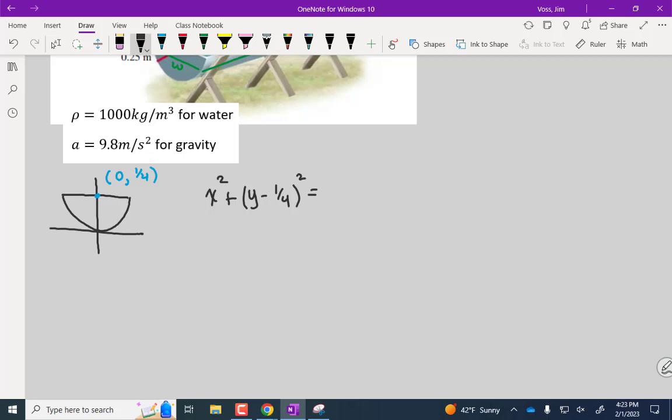The radius is 0.25, so we square that, we get 1/16. So that is the equation of that circle that's been shifted up 1/4 unit. The x value of the center is 0, so it's x minus 0 quantity squared plus y minus 1/4 quantity squared equals 1/16. Now, what letter are we solving for here?